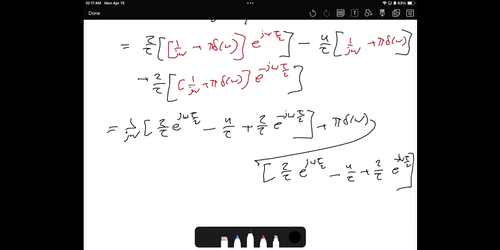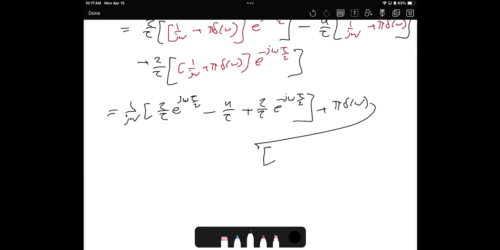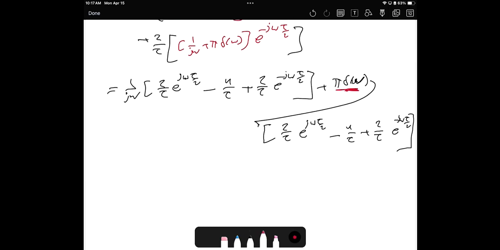Okay. Now we need to keep in mind we have a delta times this function. What does this mean? You call it the sampling property, which is the property of the delta function.